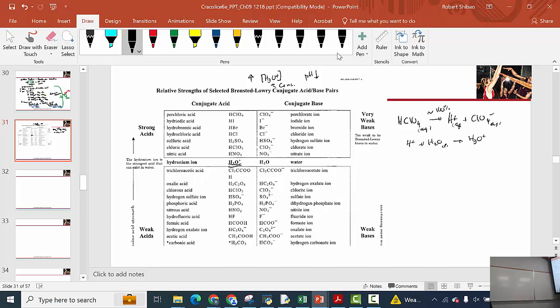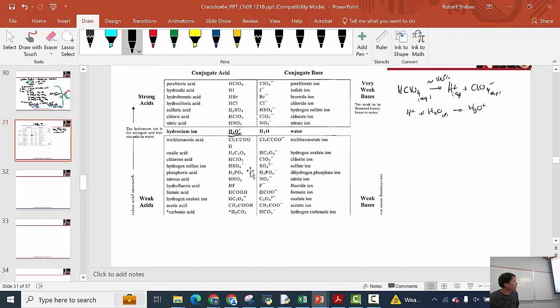Something like trichloroacetic acid is going to have less hydronium, therefore a higher pH. We're going to look at pH later in the semester, but if we have 0.1 molar, that is 0.1 moles dissolved in a liter of solution, then these have a pH of 1. But trichloroacetic acid would have a pH of about 2, and then pH just increases. Eventually we hit water, which has a pH of 7, because we get less and less hydronium as we go.